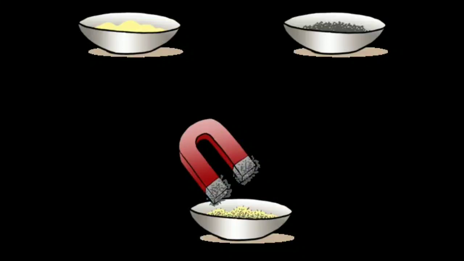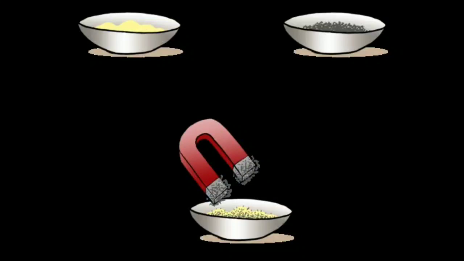First of all, separation by magnetism, or you can say magnetic separation. So, separation by a magnet. Actually, we know that iron is attracted by a magnet. This property of iron is used to separate it from a mixture. So, if a mixture contains iron as one of the constituents, it can be separated by using a magnet.